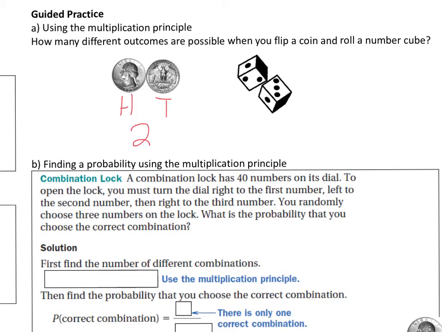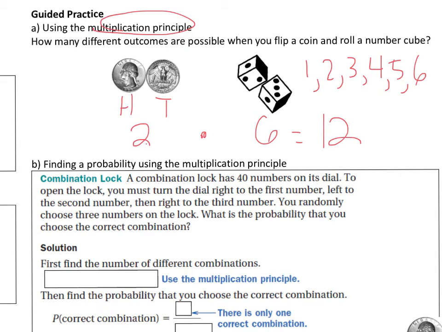And when you roll a number cube, you either get 1, 2, 3, 4, 5, or 6. So that's a total of 6 possible outcomes. And by the multiplication principle, you would just do 2 times 6, which equals 12. So that would be a total of 12 possible outcomes.